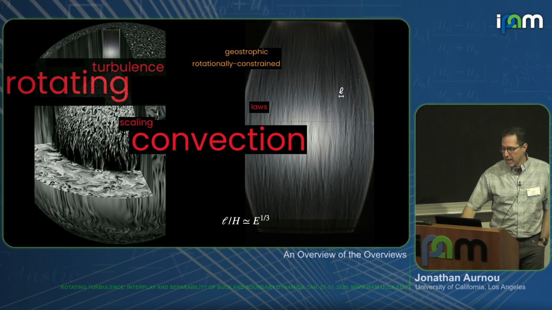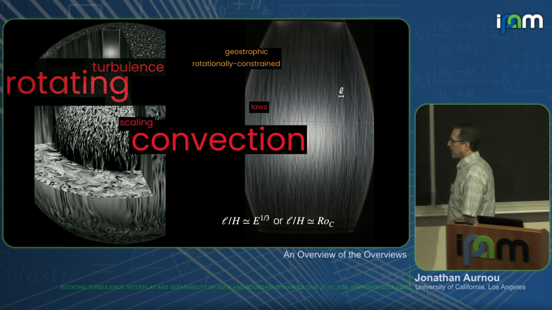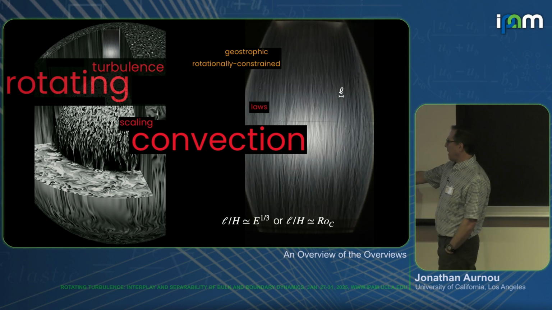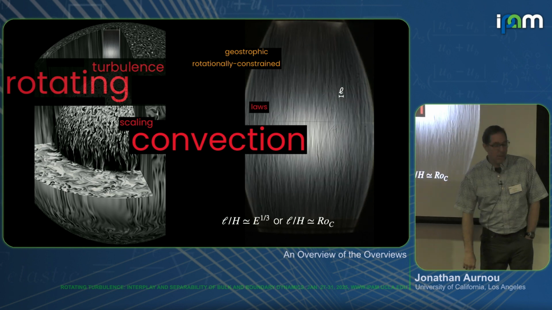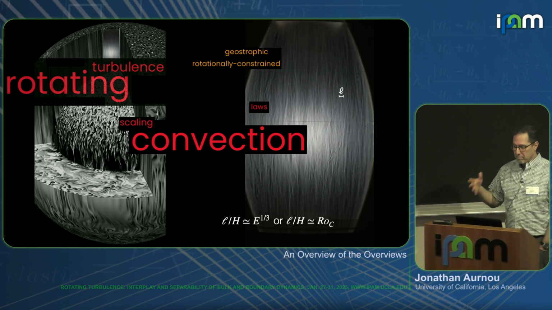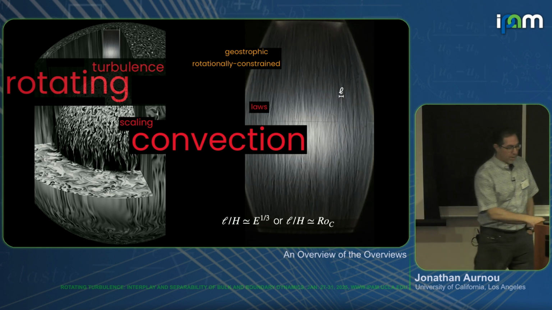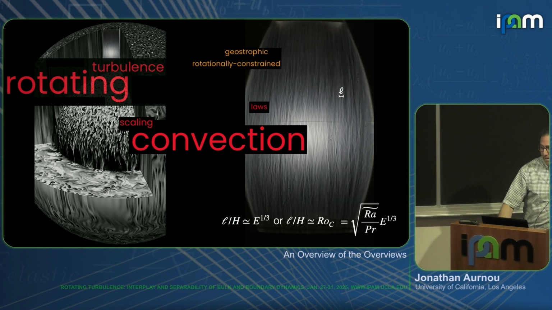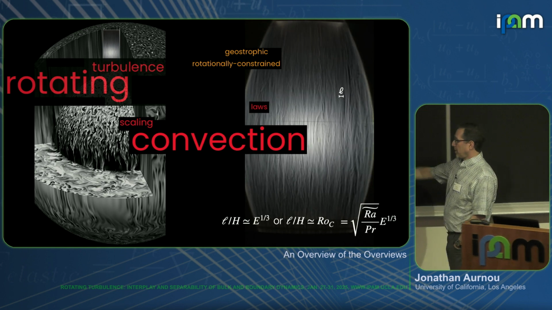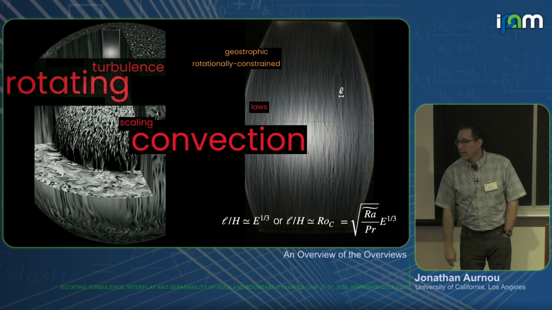That's near onset. That's the critical estimate. That's the prediction. At the other end, if we go to the diffusion-free turbulent limit, we would argue that L over H should go roughly as the convective Rossby number, which we could rewrite as square root of the supercriticality over the Prandtl number, again, times Ekman to the 1/3.